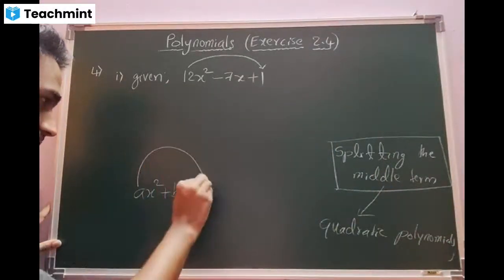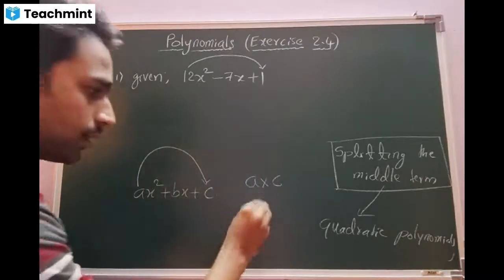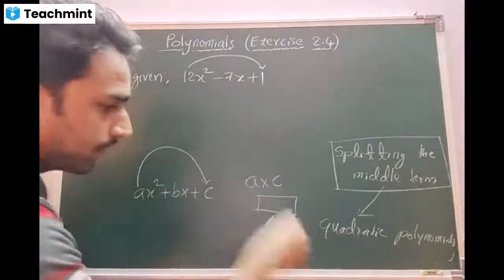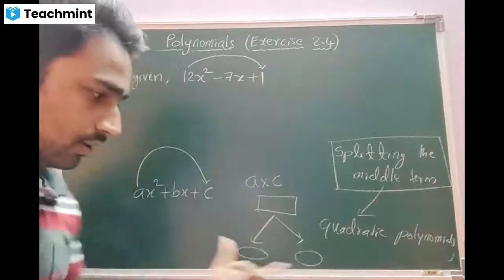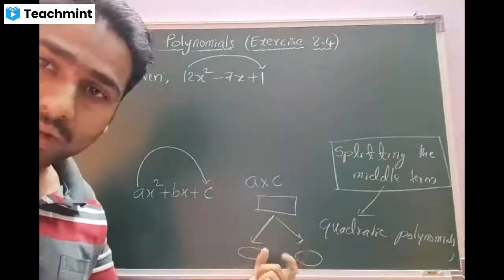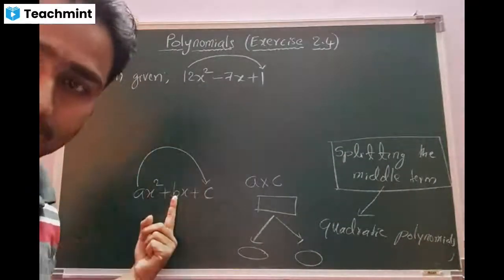You have to multiply A into C. One answer will come. This answer, you have to make two factors for it. And the two factors, whatever you will get, the multiplication is obviously this number, and addition or subtraction of these two numbers should be the middle term. Understanding, beta?